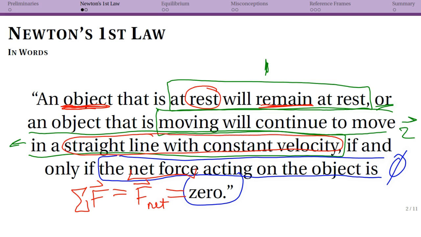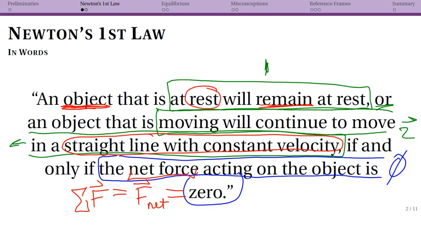So when we talk about Newton's first law, some students might actually memorize this very long sentence here. You don't need to do that. But what I do want to point out, and I will return to this over and over again in this sequence of videos, is that there are two conditions here where it could be true. Either an object at rest or an object moving in a straight line with constant velocity.